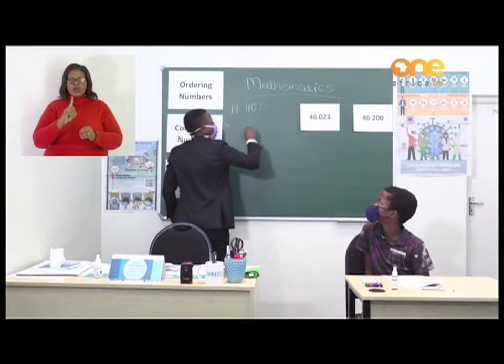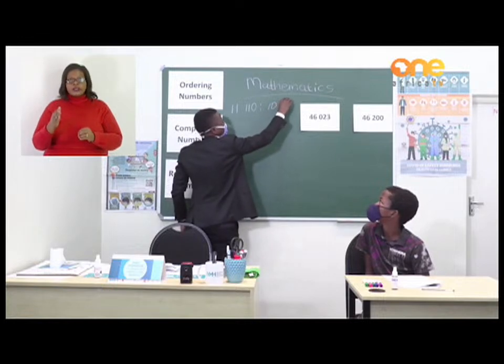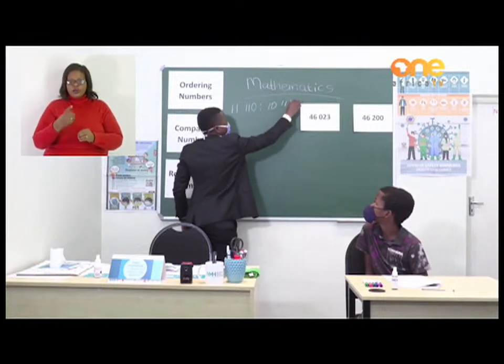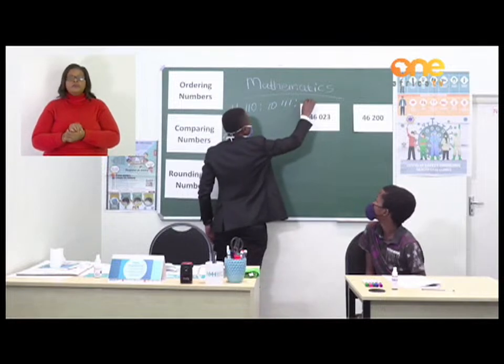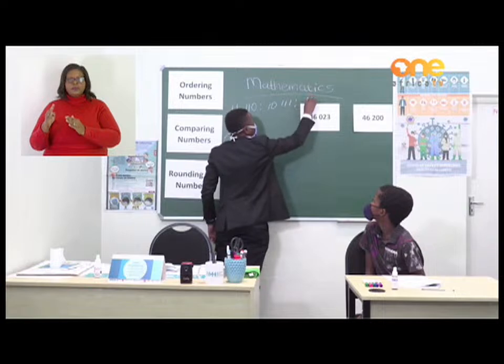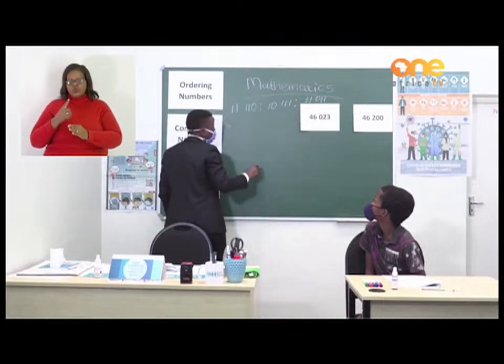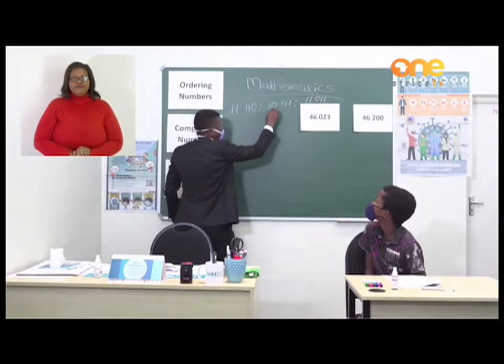I'll start with 11,110. Maybe compare that to 10,111, and then I will have another one which is 11,011. So I'm having 3 numbers.